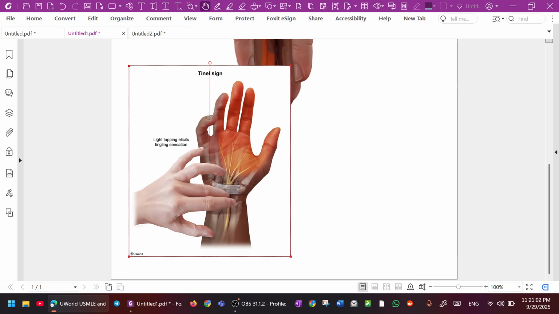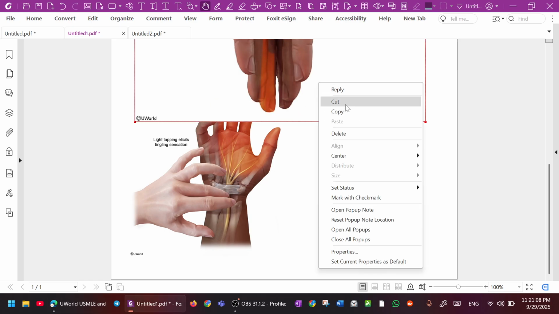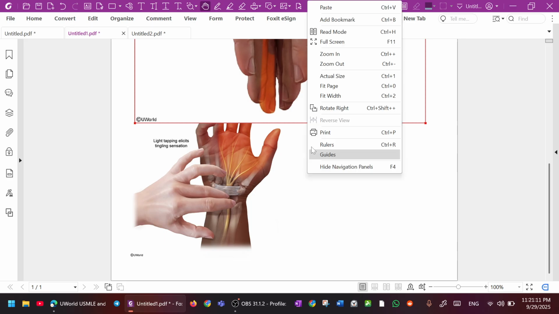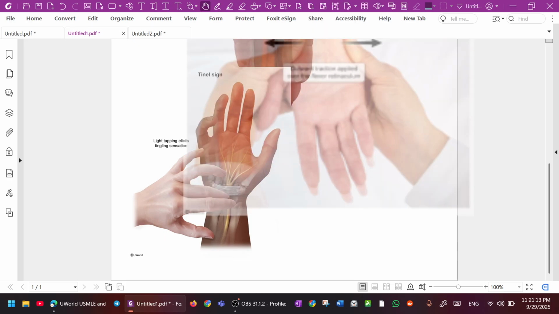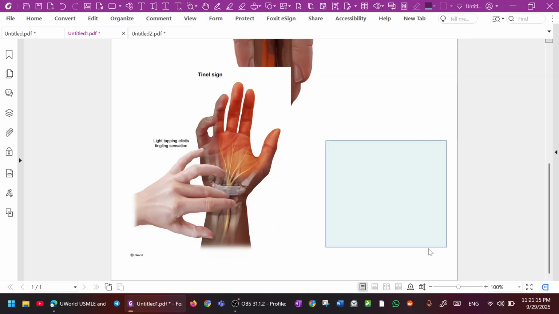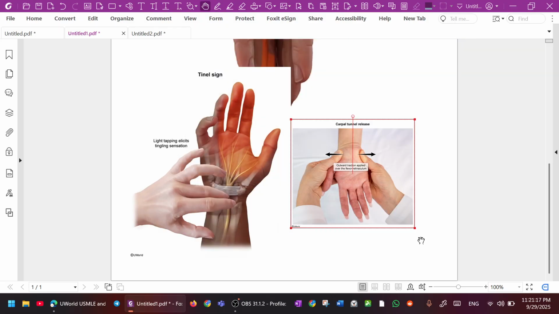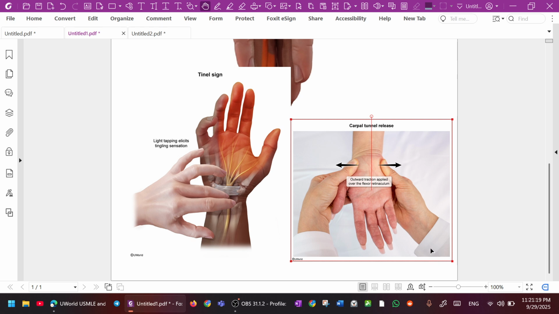In flexor retinaculum stretching, outward traction is applied over the flexor retinaculum. If we look at this picture, there is outward traction applied over the flexor retinaculum.